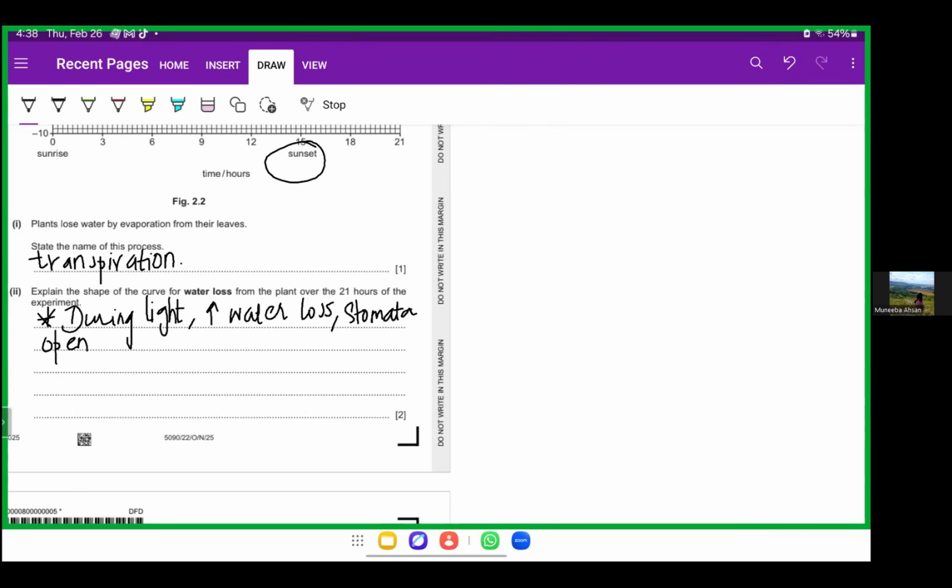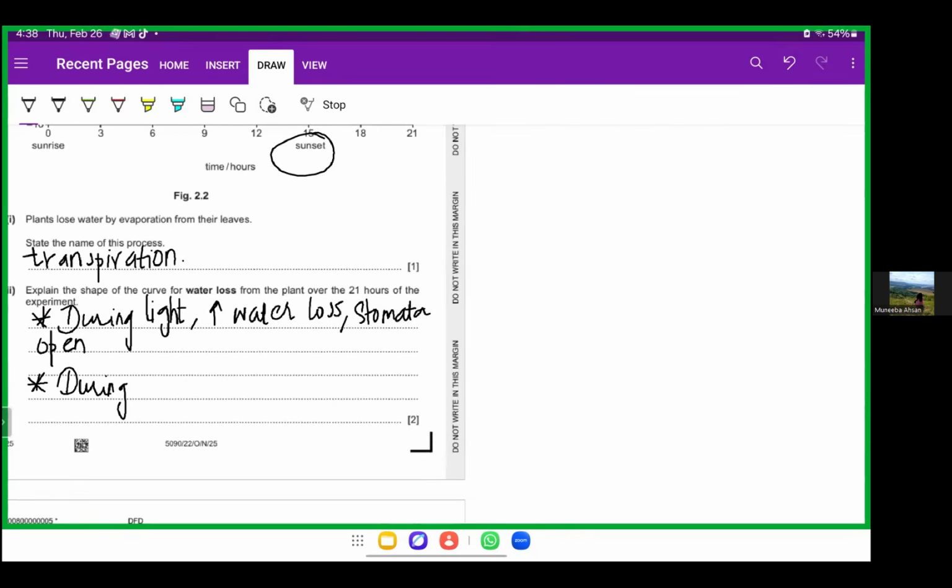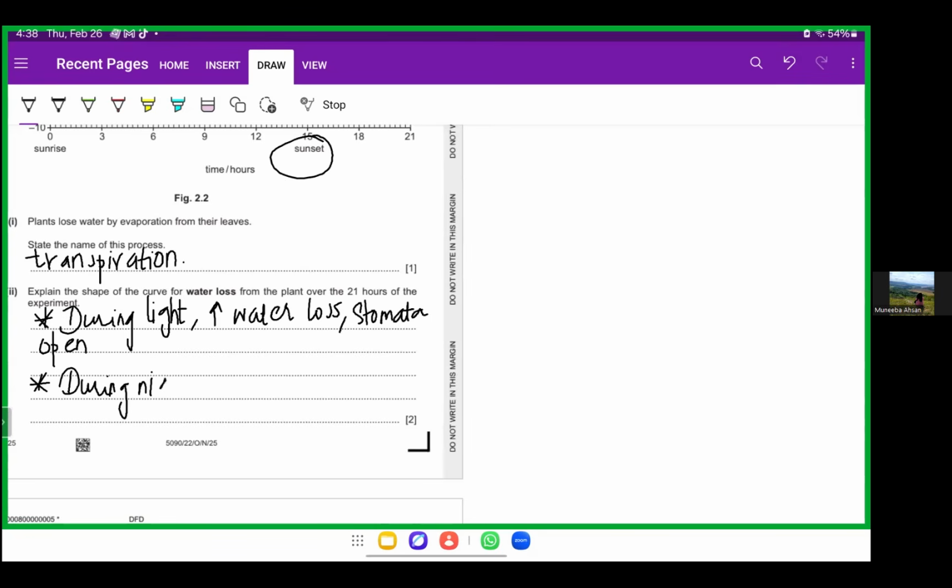Then the second point you can write is that during the night time, there is decreased water loss because the stomata have been closed.